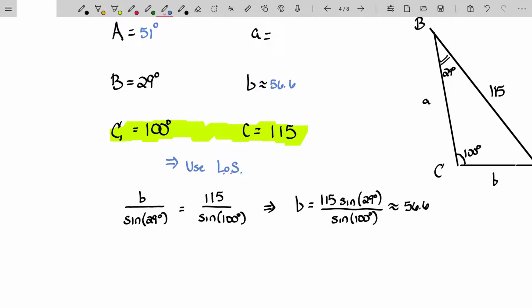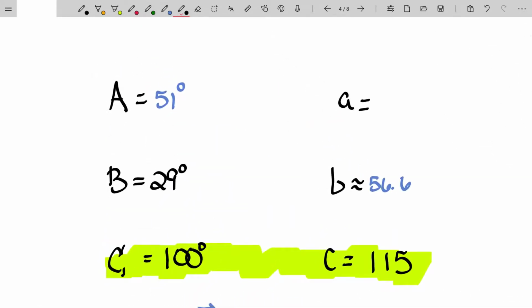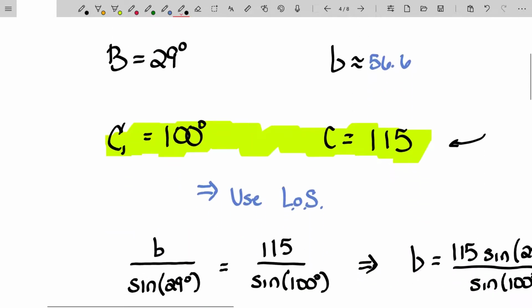Now, when you find that side A, let me use black ink just for my work, do not use your approximated side B for the law of sines.